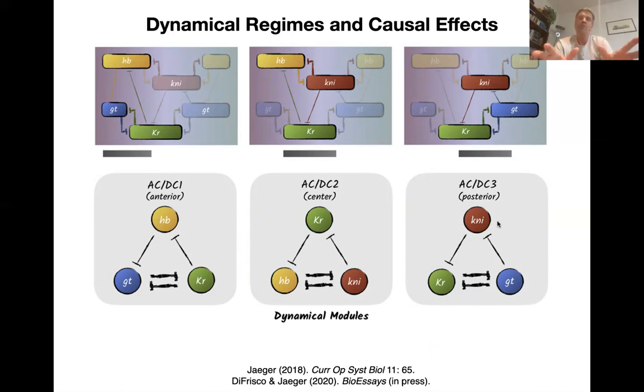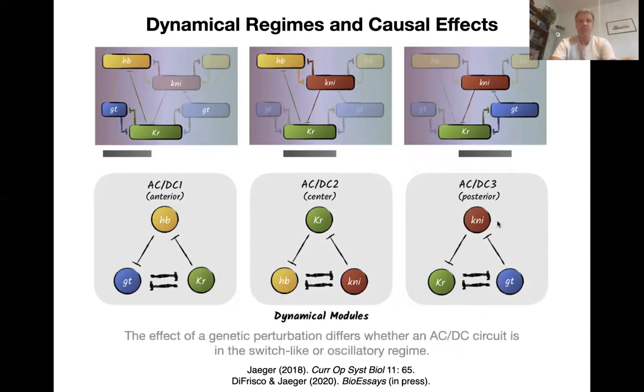So one mutation will have very different effects in different contexts, in the same animal, in the same developmental process, because the different parts of the network are in different dynamical regimes. That's what I just said. So whether you're in a switch-like or oscillating behavior, the effect is going to be different.